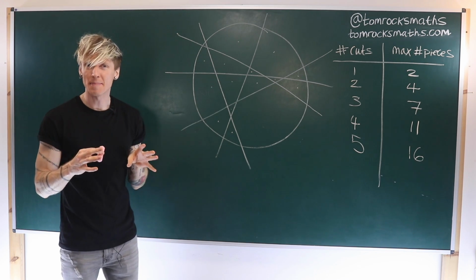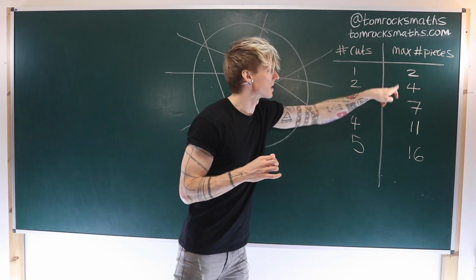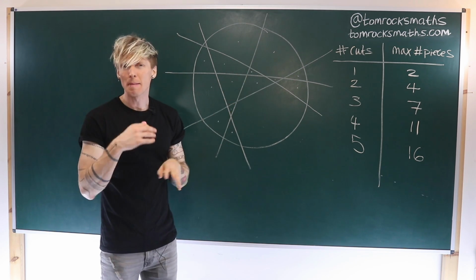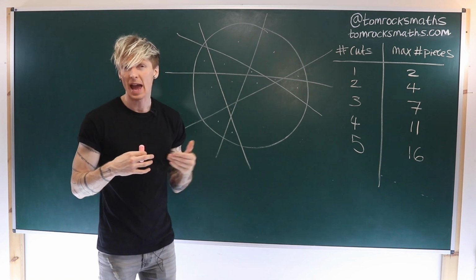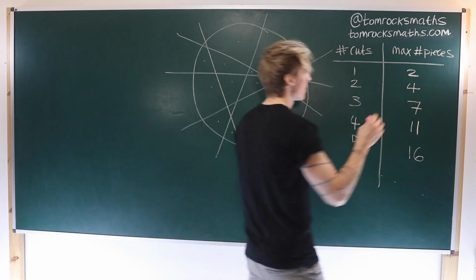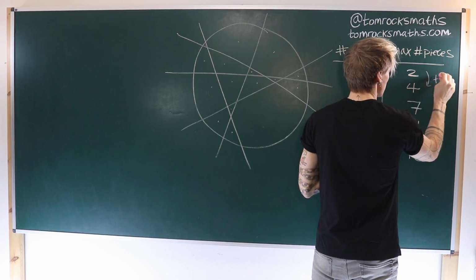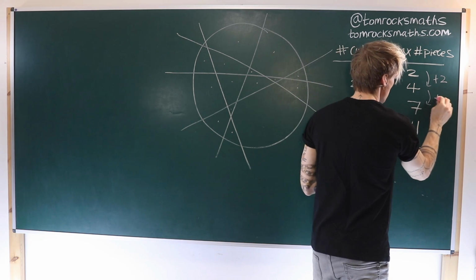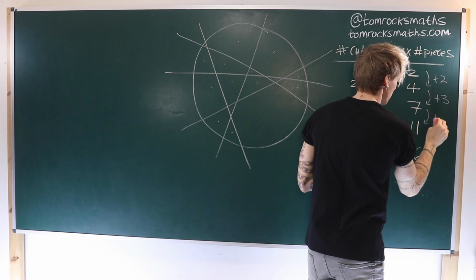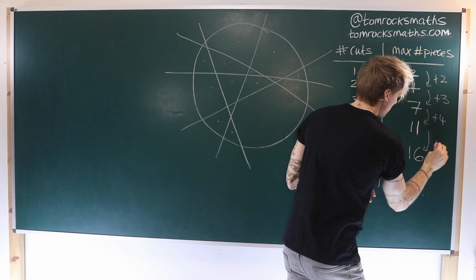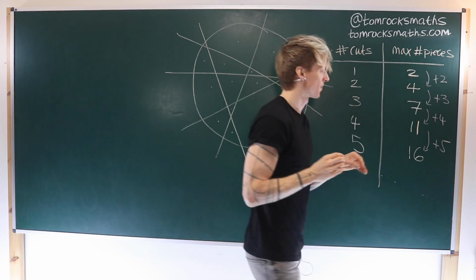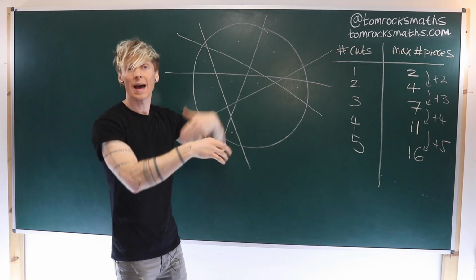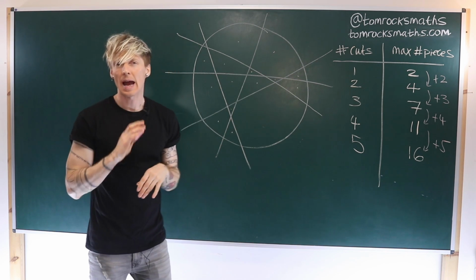So the first step is going to be to look at these numbers and see what's happening in terms of the difference between consecutive entries. So for example, here we're adding 2, then we add 3, then we add 4, and then we add 5. So at each step, we are adding 1 more than we previously added.